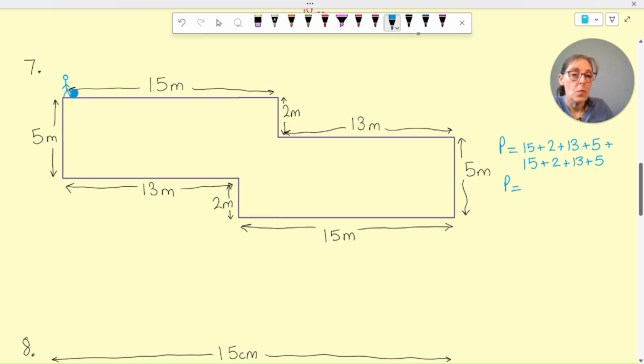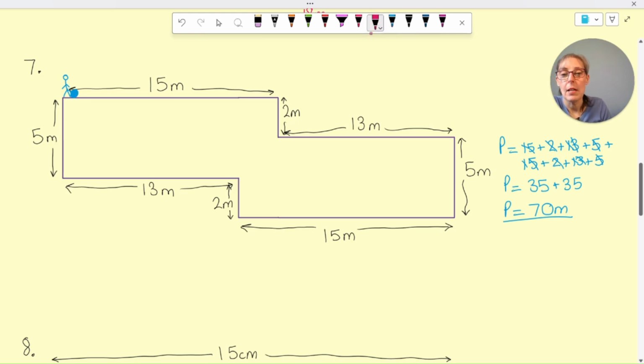So the perimeter equals 15, 16, 17, 18, 19, 20, 30, 35. And because they're the same, I'm presuming the other one's 35. So I'm going to add them slightly differently: 10, 20, 30, 33, 34, 35, yeah. So the perimeter is equal to 70 meters.